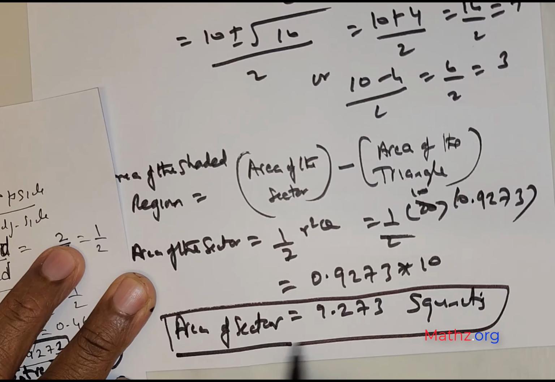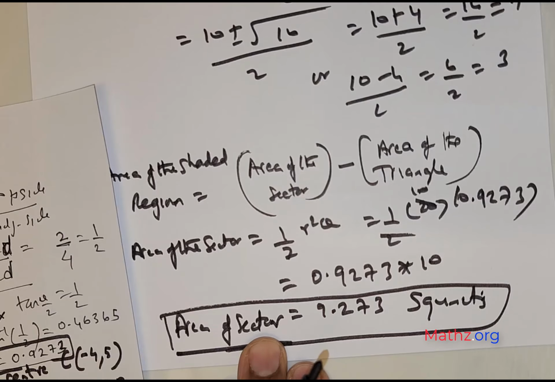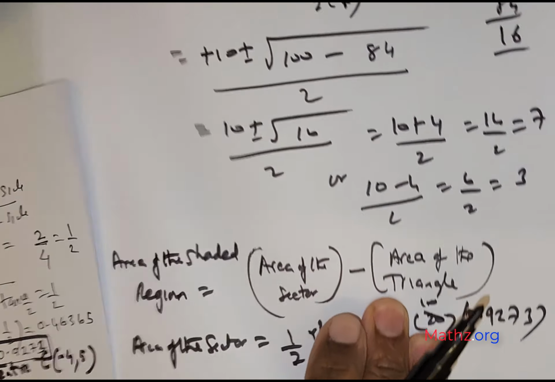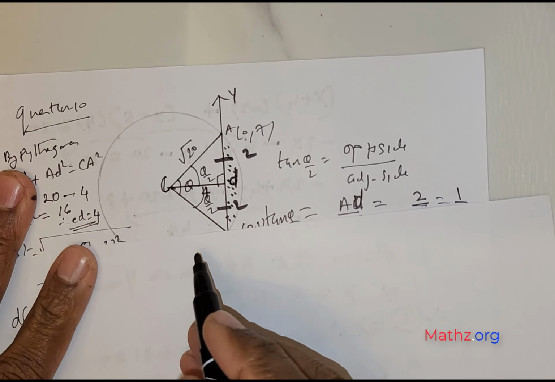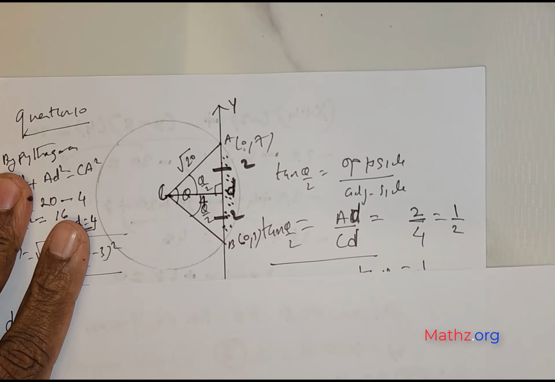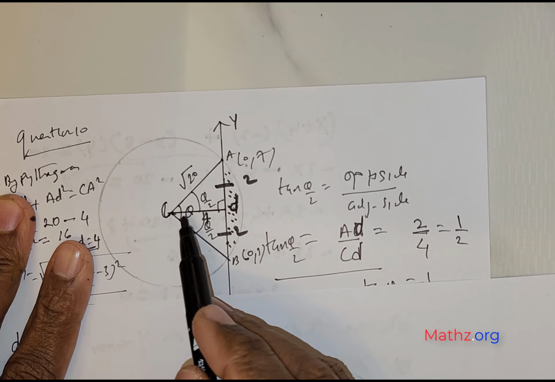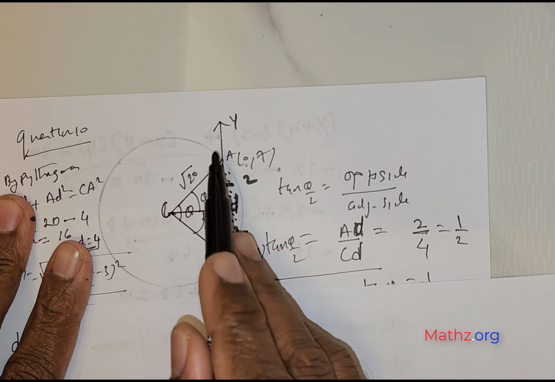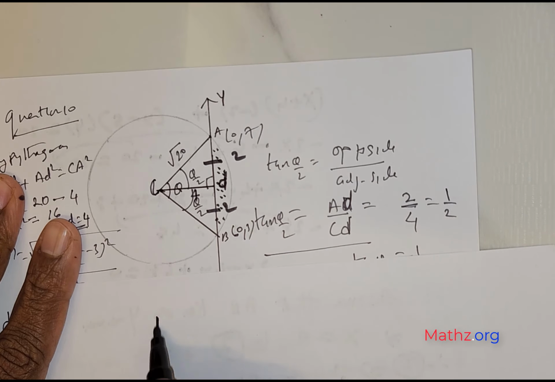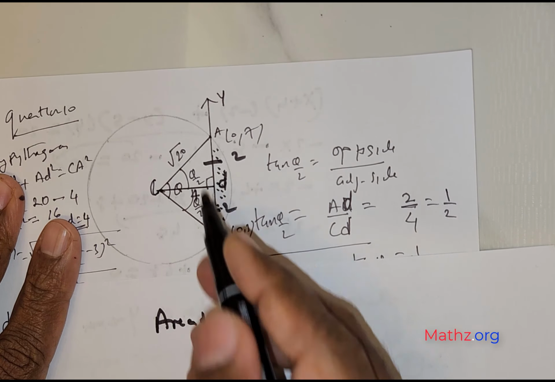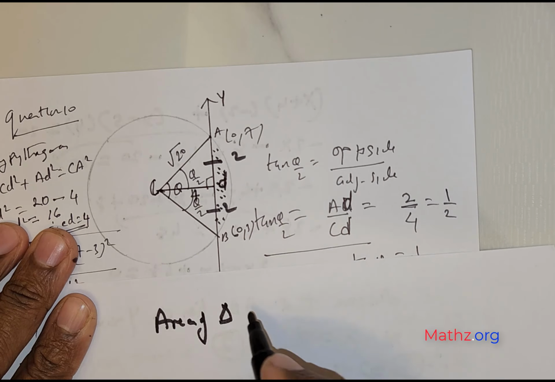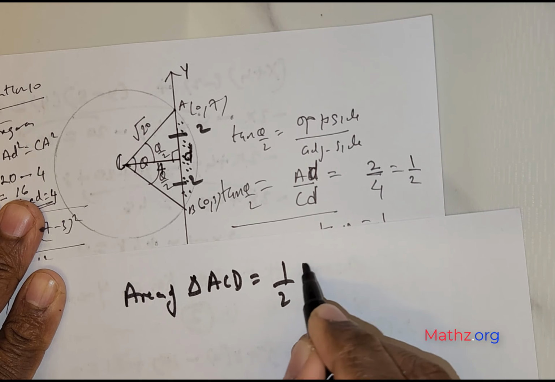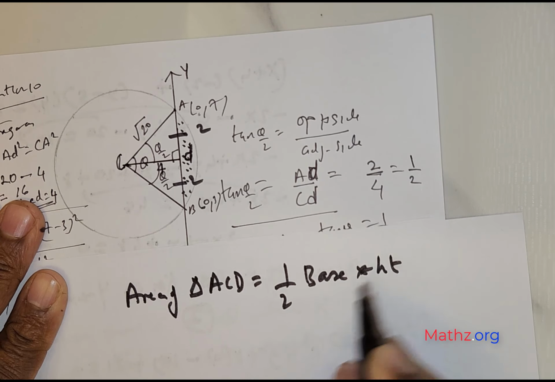So that's one part. Now we need to move to the next part. So sector area is got. Now we have to get the area of the triangle. Now you see the triangle, you have the base and you have the height. So area of triangle, I'm going to calculate the triangle ACD, is equal to half times base times height.